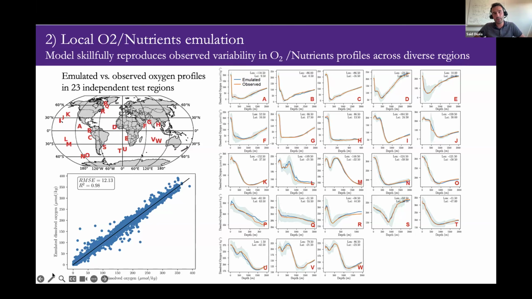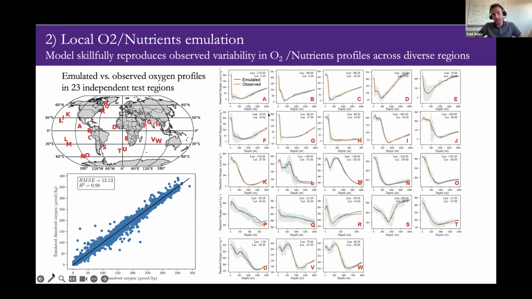The goal is to sample different biogeochemical provinces, so that we make sure that our model generalizes to different biogeochemical provinces. For all these independent test regions, we defined a 1 degree times 1 degree box, and all of the profiles inside those boxes are excluded from training and validation and are used only for evaluating the neural network model.